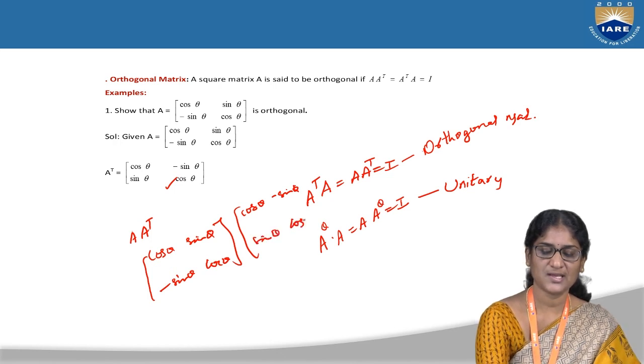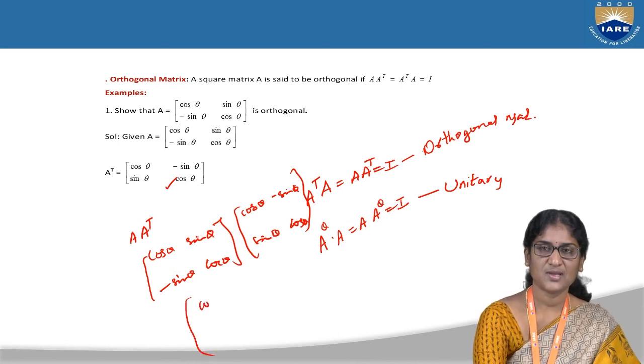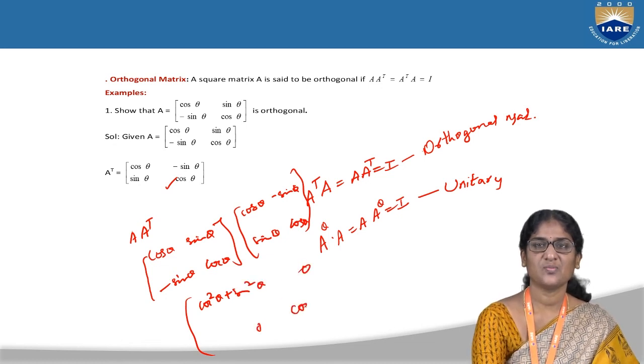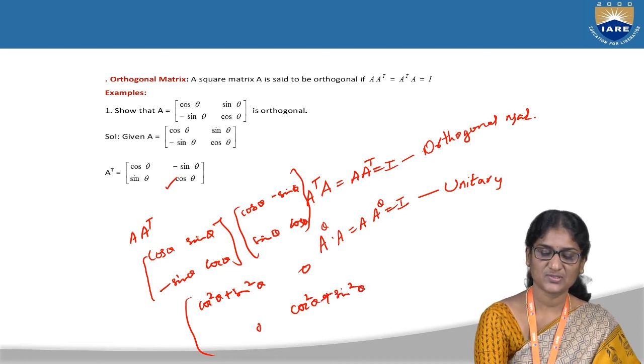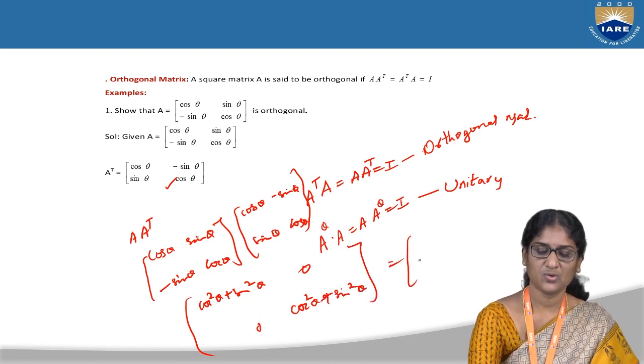If you multiply these two, we get cos square theta plus sine square theta, 0, 0, cos square theta plus sine square theta. And you all know that cos square theta plus sine square theta is always equal to 1. So 1 0 0 1, we got the identity matrix.